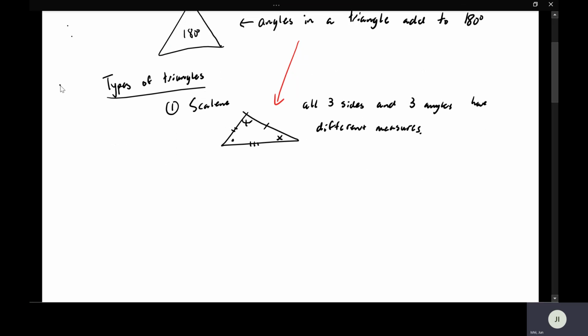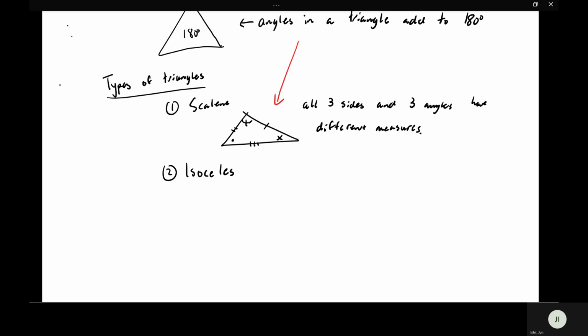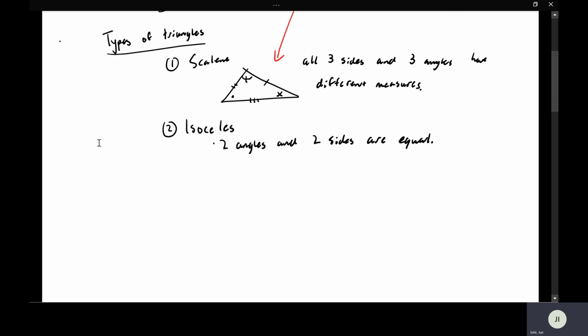Now, there's another type of triangle which you guys have probably heard of before. It's called isosceles, and this is when two angles and two sides are equal. If I was to draw an isosceles triangle, perhaps it will look something like this, where these two sides are equal.